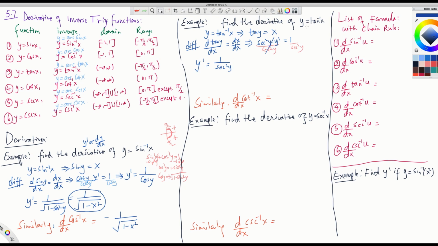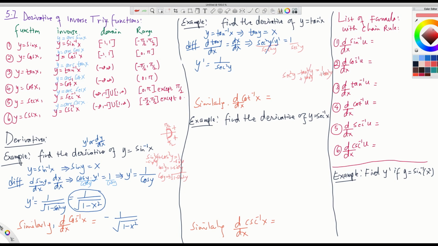And again, our question had x on the right side, so we want to get that x form. What is the relationship between secant and tangent? Do you remember that? We know that secant squared y minus tangent squared y equals 1. If you add tangent squared y on both sides, that will cancel out.